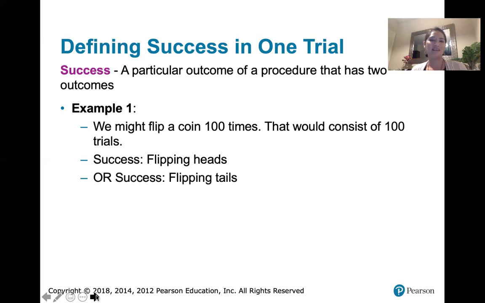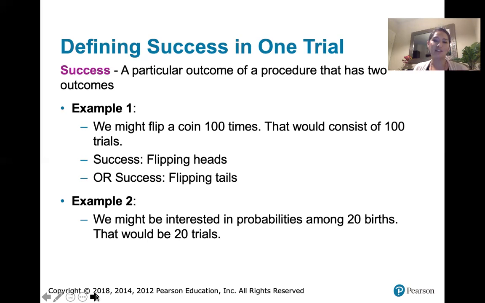And that means that if we flip tails 53 times out of 100 flips of a coin, we'd have 53 successes in 100 trials if we decided that flipping tails was what we defined to be success. It really doesn't matter which one you call success, you just have to be consistent. Once you've made that choice, all of your other calculations need to be consistent with that choice. And all of your interpretations of results need to be consistent with that choice.